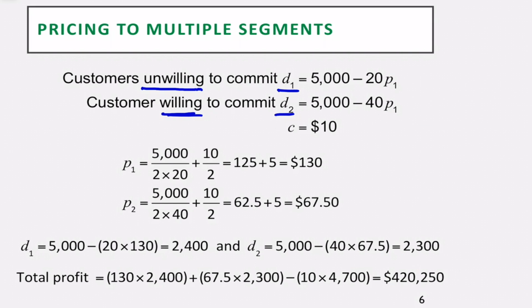The customers who are unwilling to commit are more likely to be less sensitive to price. They may be ready to pay a higher price to get the service or use the supply chain assets. The customers who are willing to commit are likely to be more sensitive to price, and obviously they are looking to reduce cost. And the production cost C is $10.